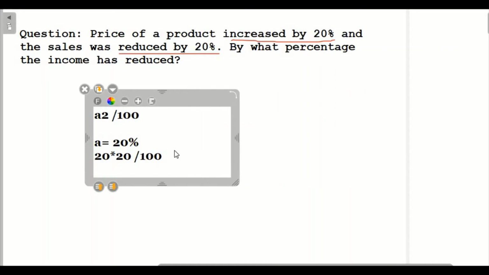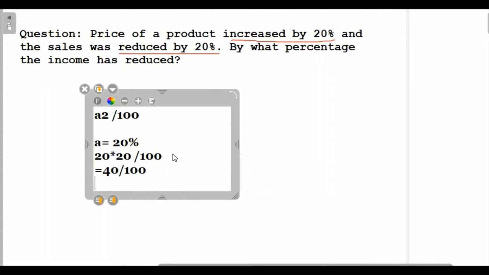If you have the increase percentage and the decrease percentage as the same value, you can use a square by 100. If you have different values, then you have to use a plus or minus b plus a into b divided by 100. So here we have the same percentage increase and decrease, so we are using a square by 100. So a into a by 100, so we have 400 divided by 100.